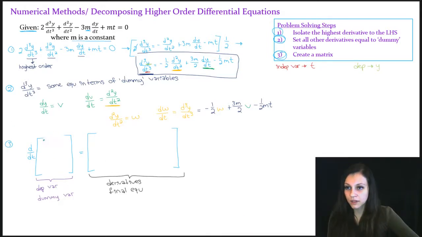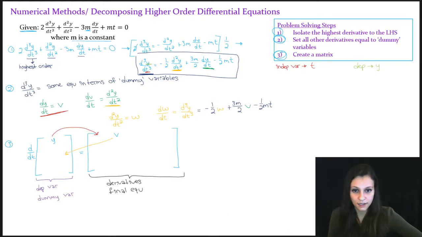So let's go ahead and start with our dependent variable. So we have y. Now the derivative of y is v, right? We have this equation right here. So I'm going to put v right here. And then I'm just going to take and bring v down to the second spot in my left-hand side matrix.